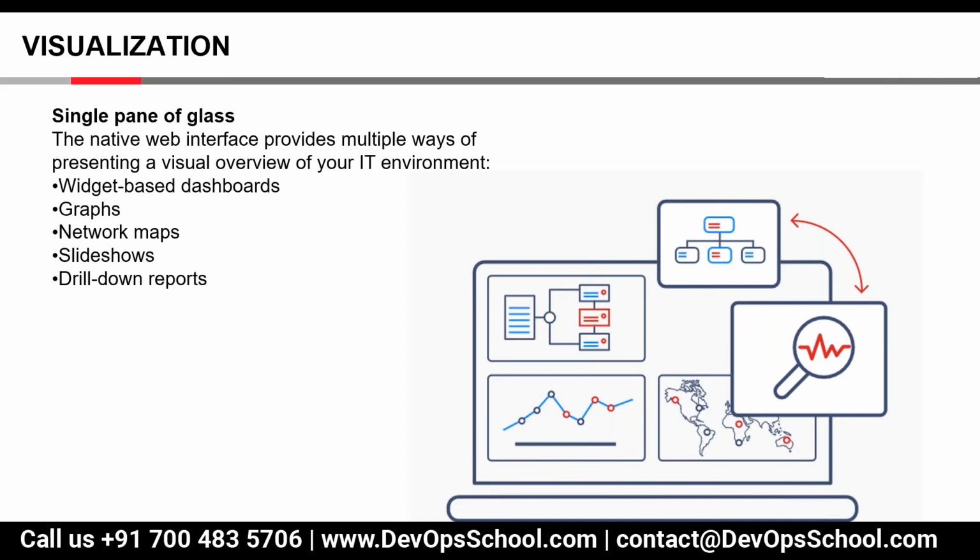Zabbix has integration with Grafana as well, and whatever value we are capturing on Zabbix can be sent to Grafana, and we can have better dashboards on Grafana. Is it only for the graphs? I saw only graphs in Grafana. Static values can also be sent to Grafana, because Grafana has its own widgets, the panels.